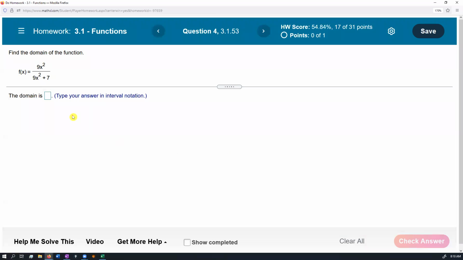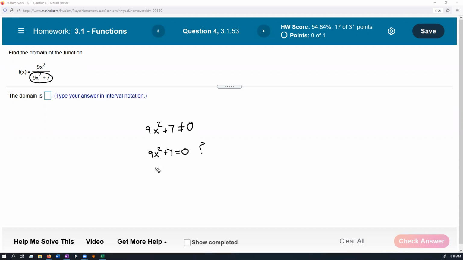All right, so this one, the only way that we can have a problem here is if this thing here is 0. So I have to ask myself, is this ever 0? We don't want that to be 0, right? So we ask ourselves, when is it 0?